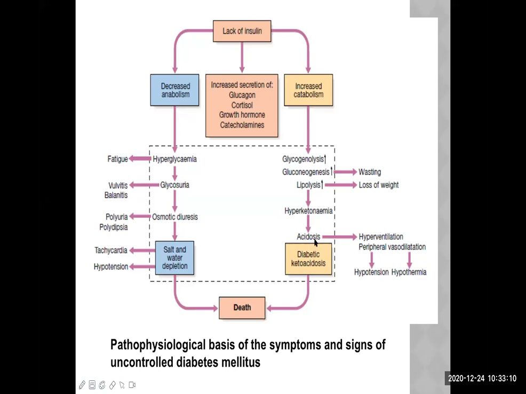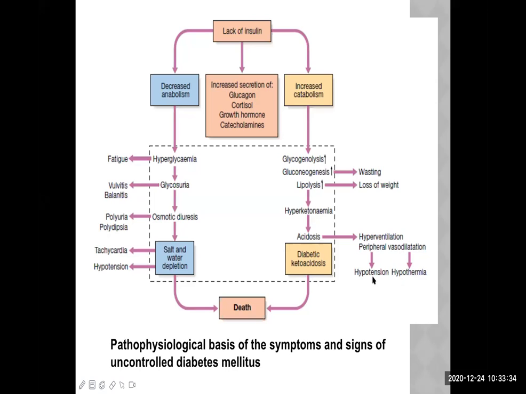There are other causes of metabolic acidosis also here, and that is dehydration. Dehydration occurs in type 1 diabetes. And because of that dehydration, there is hypovolemia. Hypovolemia can lead to an acidotic environment. This acidosis will lead to hyperventilation and peripheral vasodilation.